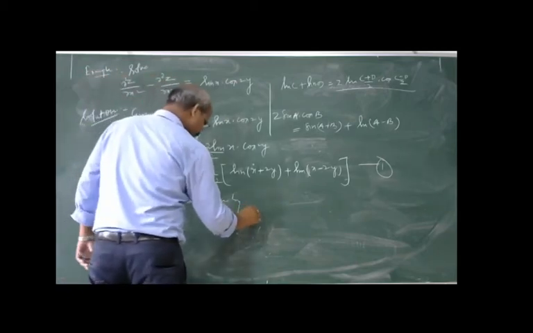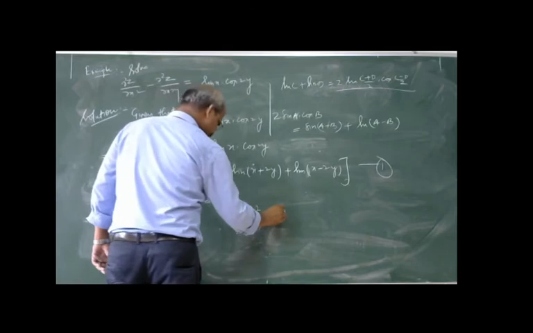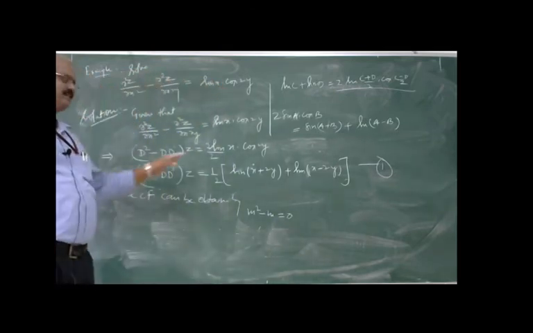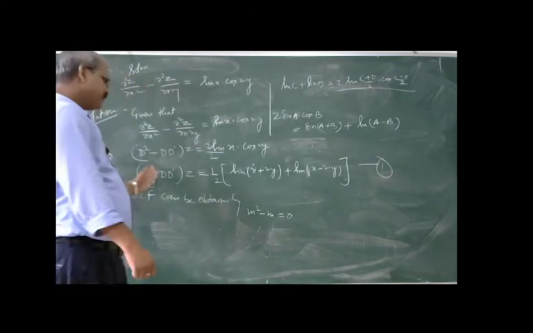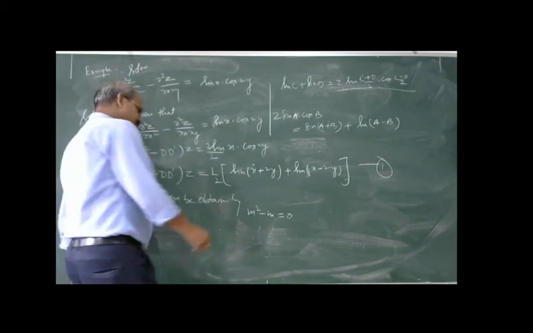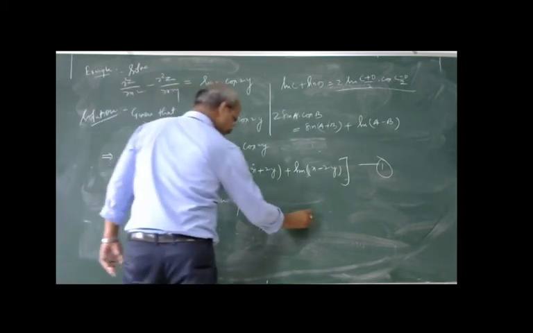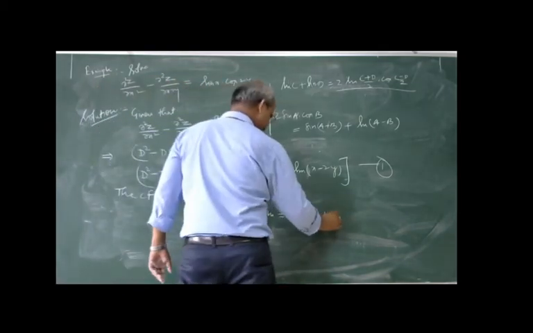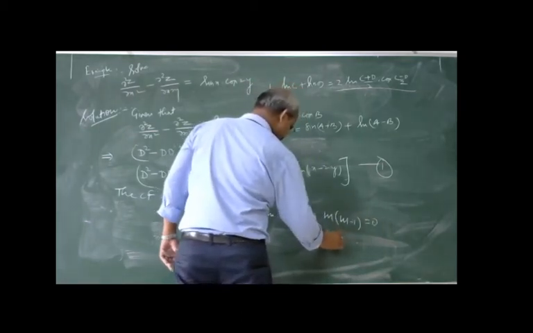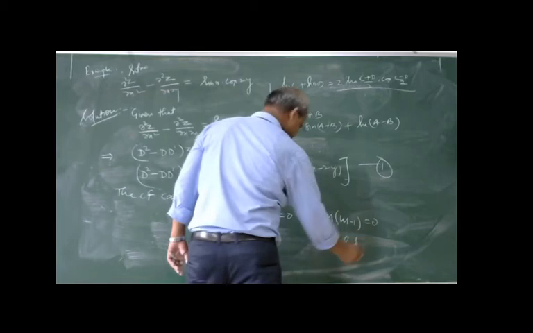So the auxiliary equation is m² minus m equals 0, because whenever D is replaced by m and D' is replaced by 1, it gives this form. So from here, taking m common, m(m−1) equals 0, so the solution is m equals 0 and 1.